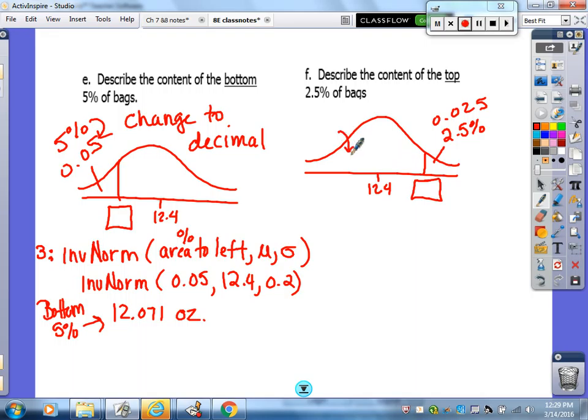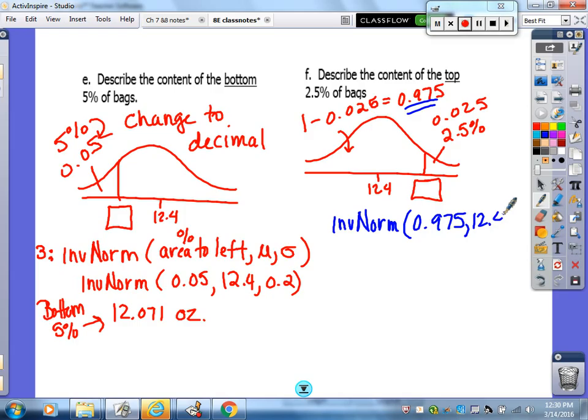That's what the calculator wants. Got to give the calculator what it wants. So 1 minus 0.025 is 0.975. This is the value that we have to put in the calculator, because it's the area to the left. So our command is going to be inverse norm, area to the left, which is that 0.975, mean, standard deviation.